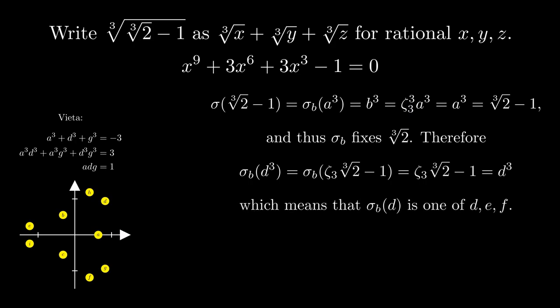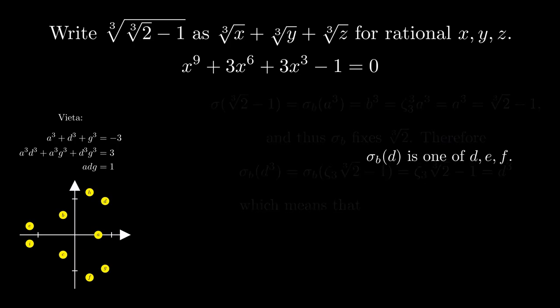So sigma B of D is one of D, E, or F. Which one?